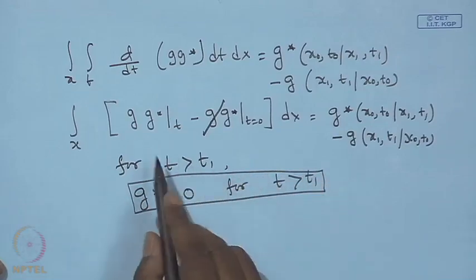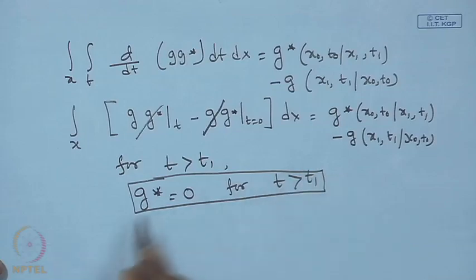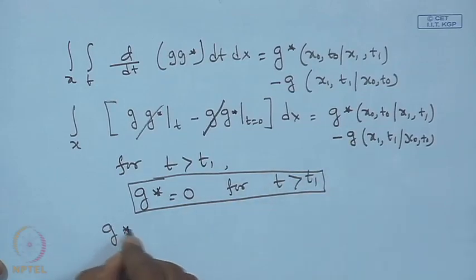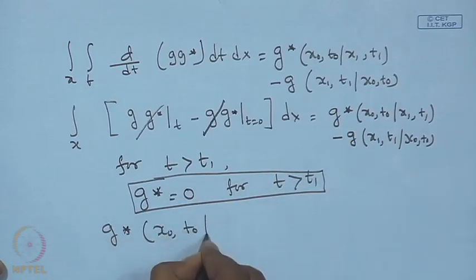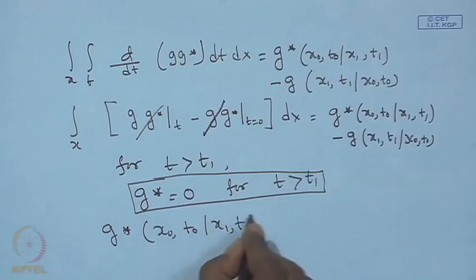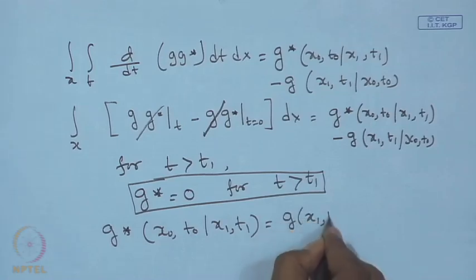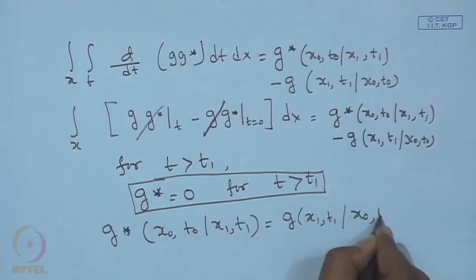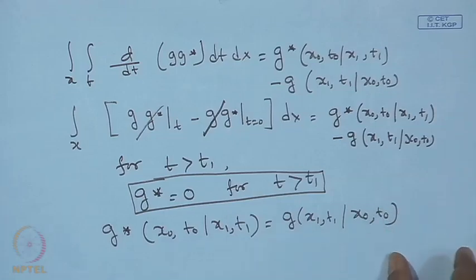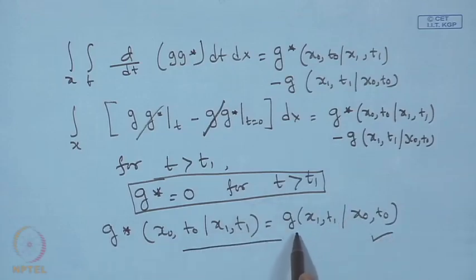If we have this boundary condition, then these will be gone and we will be getting the conventional nomenclature, that is G star (x naught t naught slash x 1 t 1) should be equal to G (x 1 t 1 slash x naught t naught). Now, we are in a position, since we have obtained this relationship and we have already obtained the expression of G, to get the expression of G star. You need not solve the partial differential equation once again.